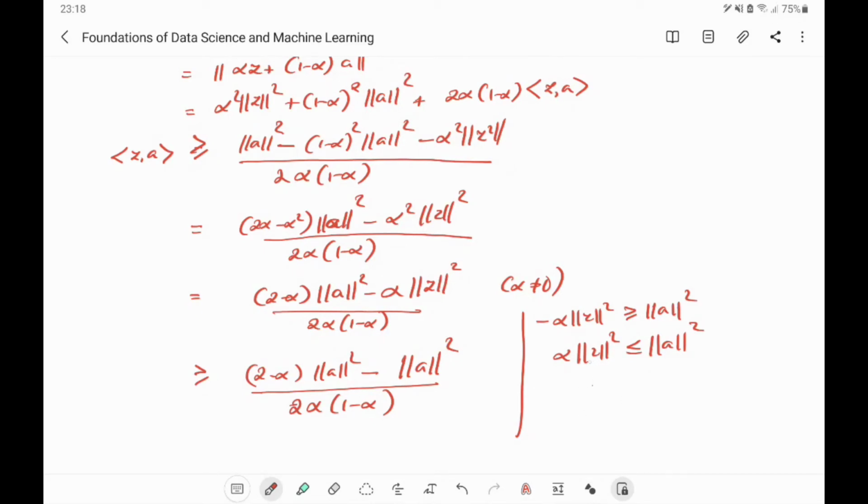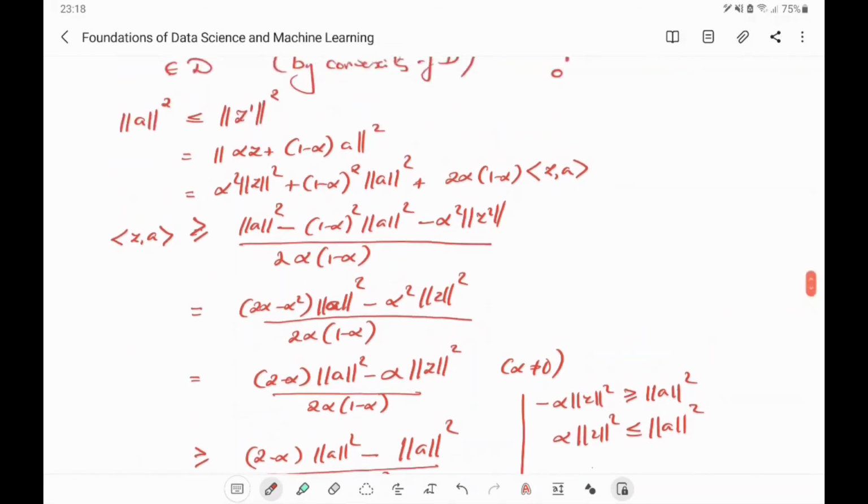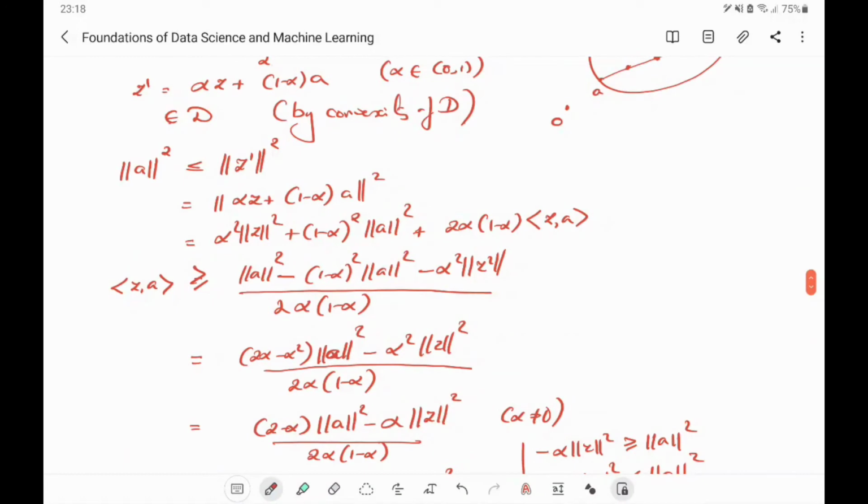And so yeah, your z may be very large, norm of z may be very large, but if I choose alpha small enough, I can still achieve this, right? Alpha can in fact be any number in the interval 0, 1. I cannot use 0 because then this cancellation is wrong.